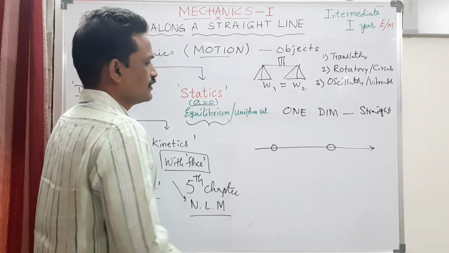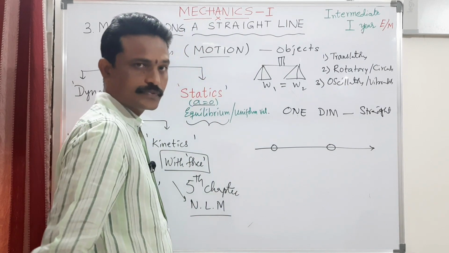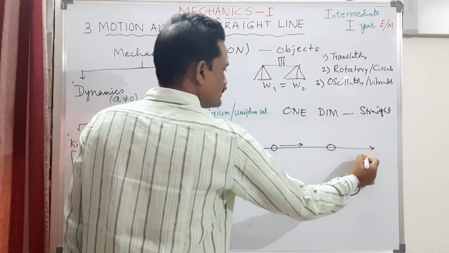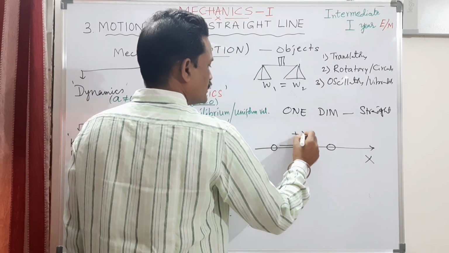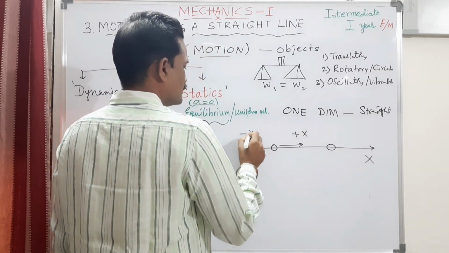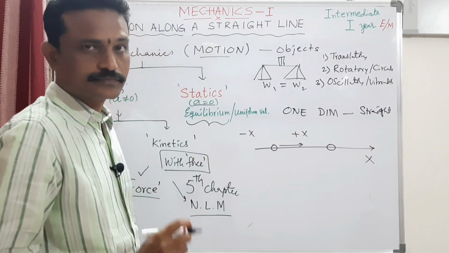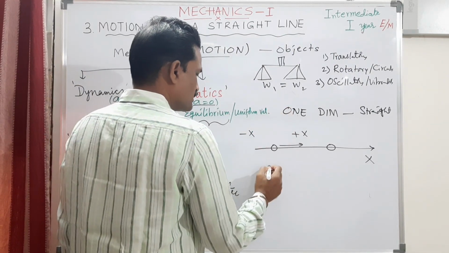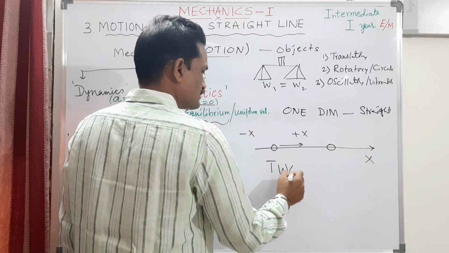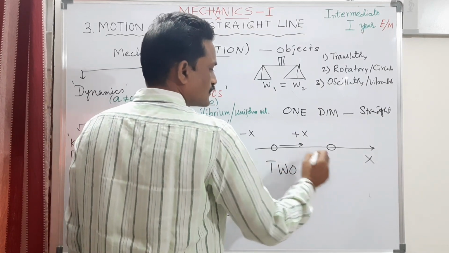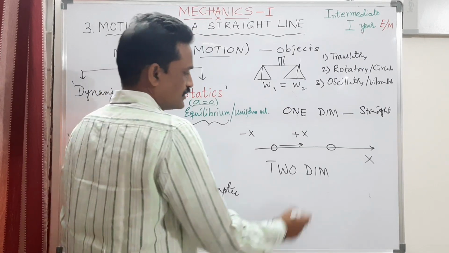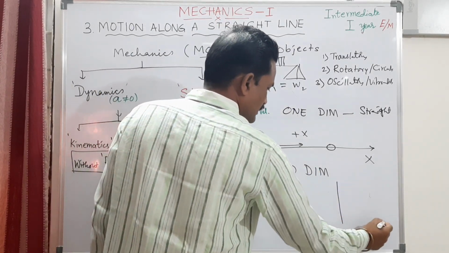For example, there is a wire on which a small ant is moving. If it is the x axis, it can move in the positive x direction, it can move in the negative x direction. Right. There is another type of motion, two dimensional motion. That is motion in a plane. To describe two dimensional motion, I require two axes.